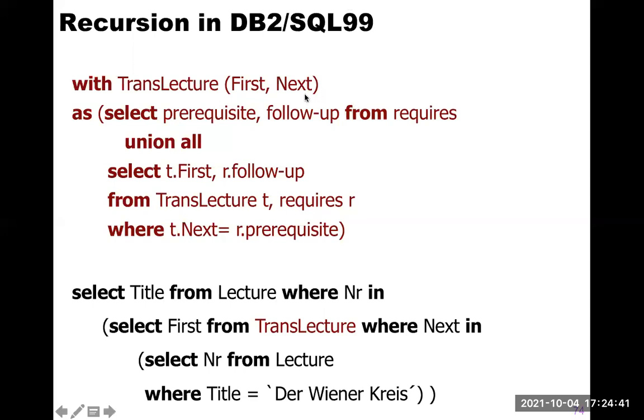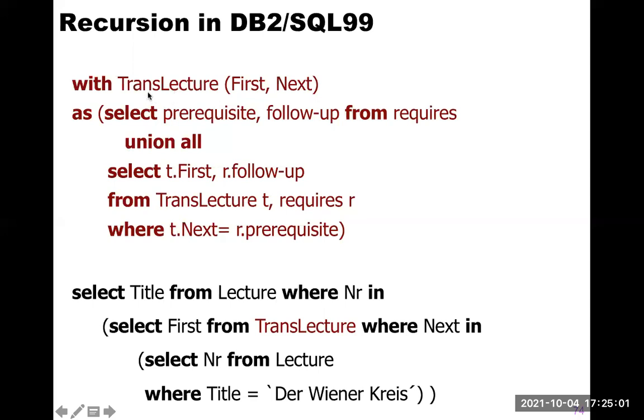And recursion in the standard is called a common table expression. It starts with the WITH keyword. It sets a name for this virtual table. That's a common table expression, an expression to define a common table.